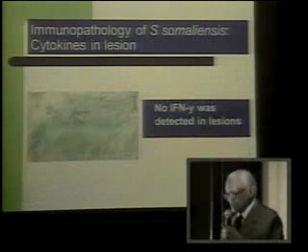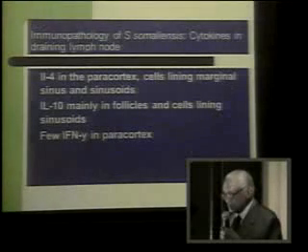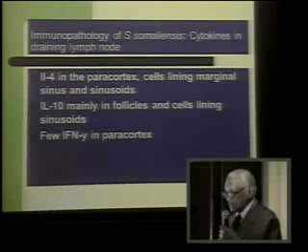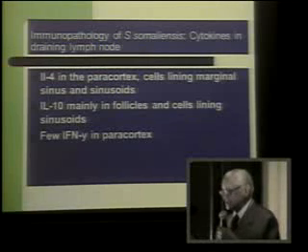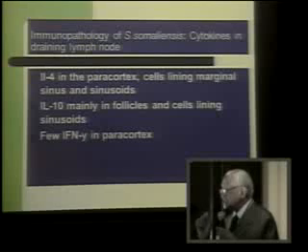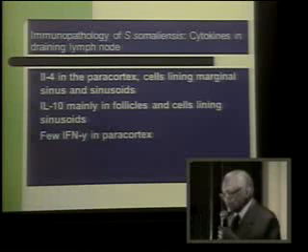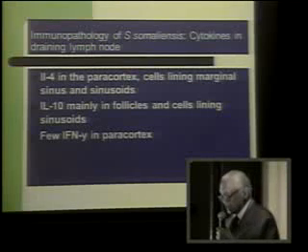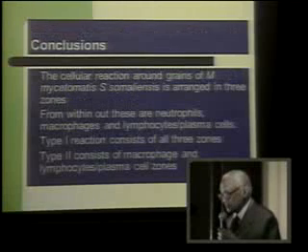Interferon gamma was absent, and there was also IL-10 in the follicles, IL-4 in the paracortex of regional lymph nodes, indicating that these T cells are responding by a Th2 type of cytokines. IL-10 was mainly in the follicles of the lymph nodes and cells lining the sinusoids. There were few interferon gamma in the paracortex.